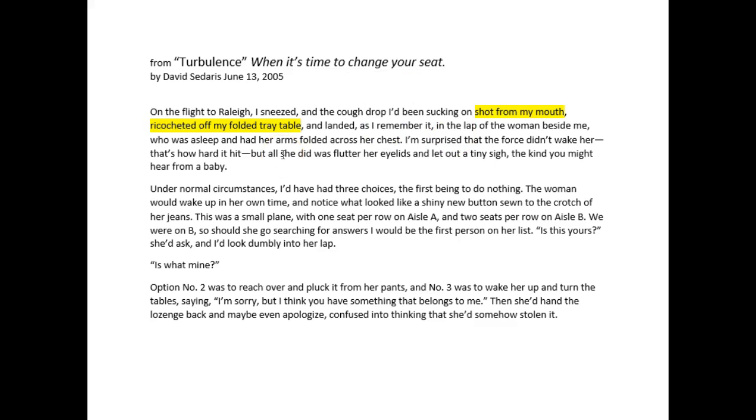The last thing that I'll highlight is another visual image with the flutter of her eyelids. If I wanted, I could also highlight "tiny sigh," because it's not just visual imagery that engages an audience, it's what they can hear, especially when you make a comparison such as "like" that from a baby. So not only can we hear a tiny sigh, we can picture what type of tiny sigh, because we've all heard a baby sigh.